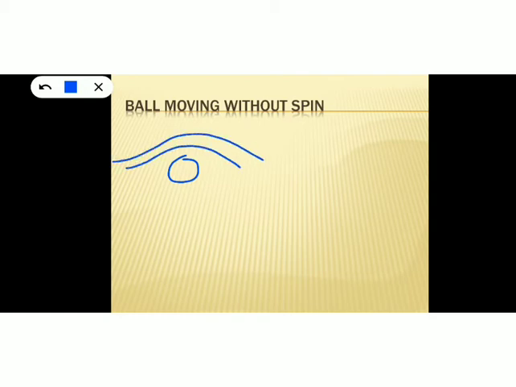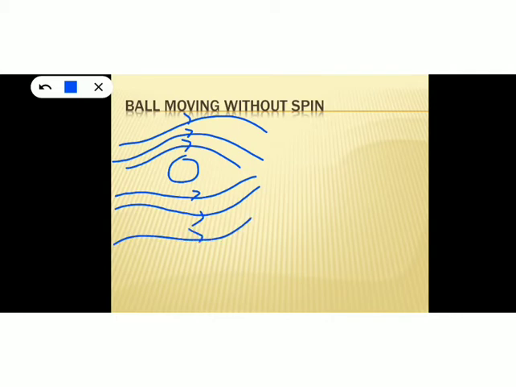Now we can first consider the case of a ball moving without spin, just moving through the air. The path of the air particles on both surfaces of the ball can be considered like this. These are the streamlines, or the paths of the fluid particles on both sides of the ball.